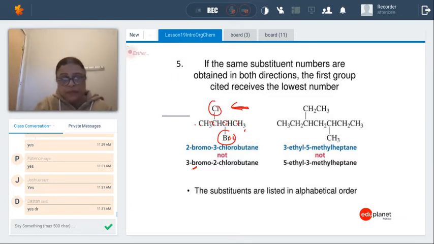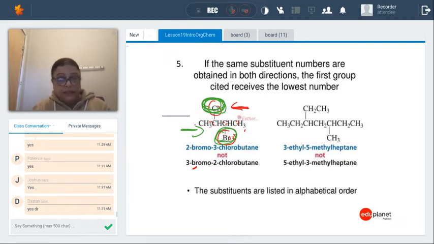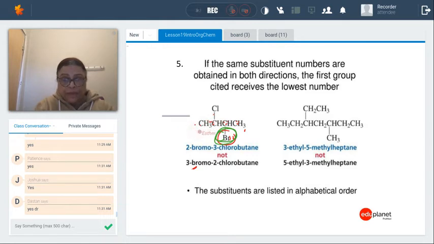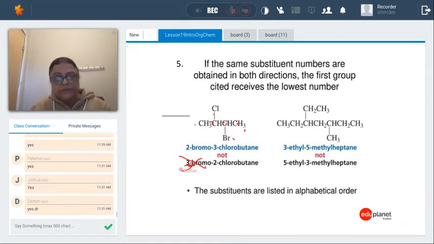The same thing will happen if I count from left to right. So then you always give the smallest number to the one that is closest to the beginning of the alphabet. So it will be 2-bromo, 3-chloro, and not 3-bromo, 2-chloro, because then the bromine gets the bigger number, and this is not correct. Okay?